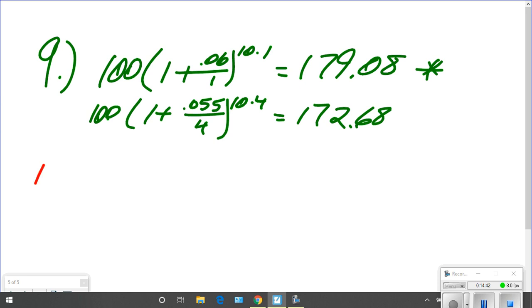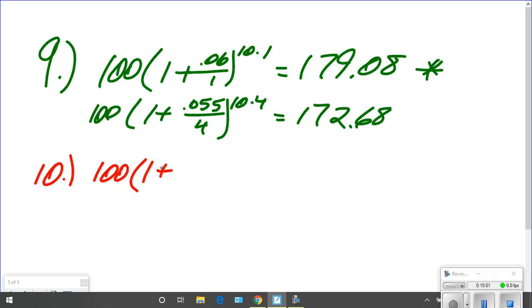Number 10. Is it another one? Yes, I love these. Which plan would an investor earn more money? 8% quarterly for 5 years. Okay, so we don't know how much money, so let's say it's $100 again, because that's all Brooks has anyway.